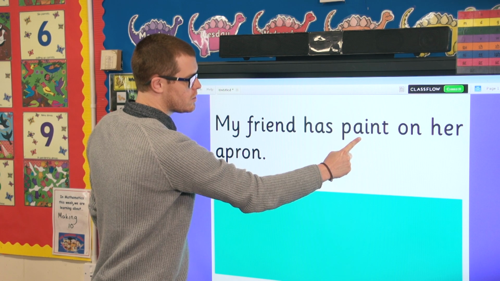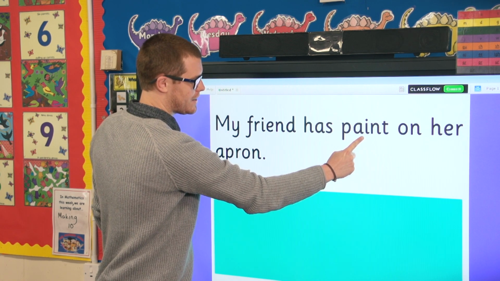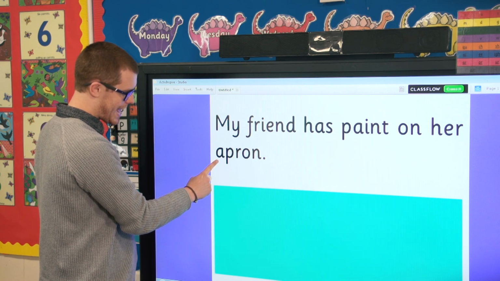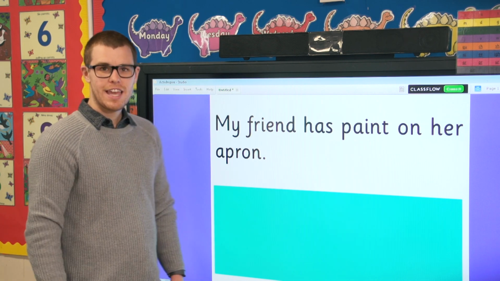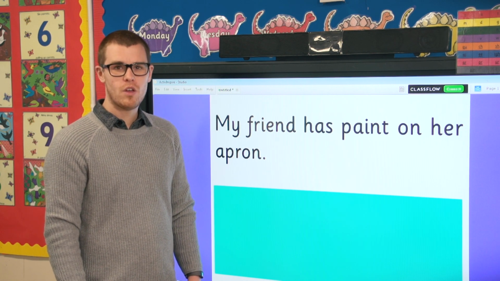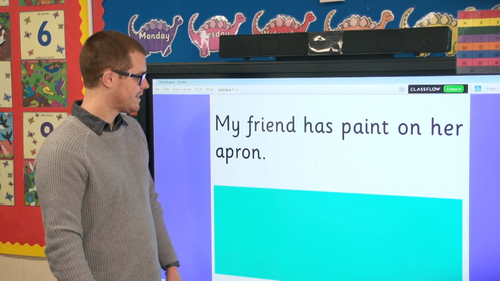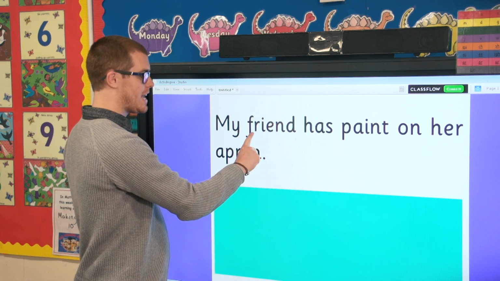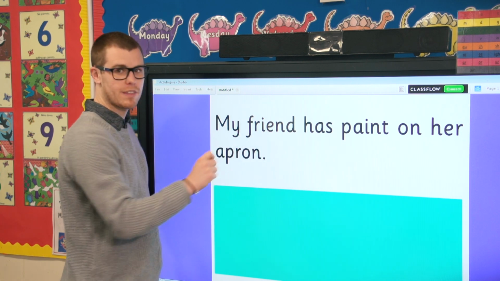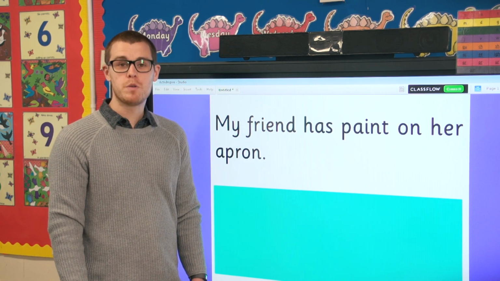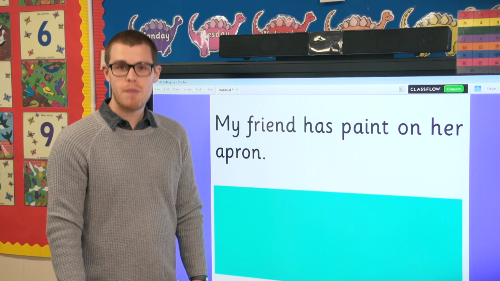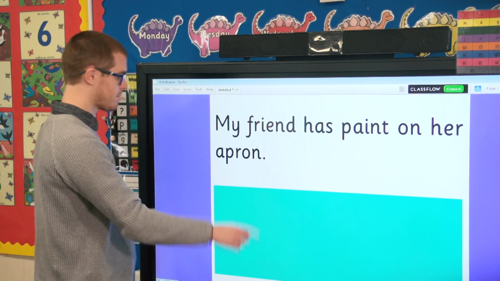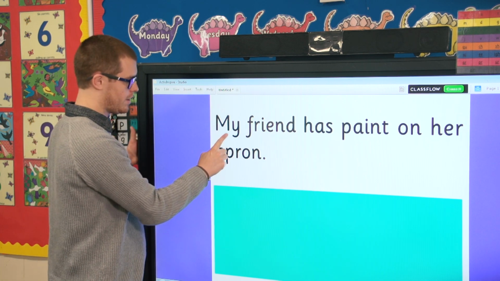Here is a word with the sound A, and here is a word with the sound A. Can you see the tricky word that we read today? That's right. Here it is. Now I want you to read aloud as I point to the words. And remember to sound out any words that you are not sure of. Off we go.